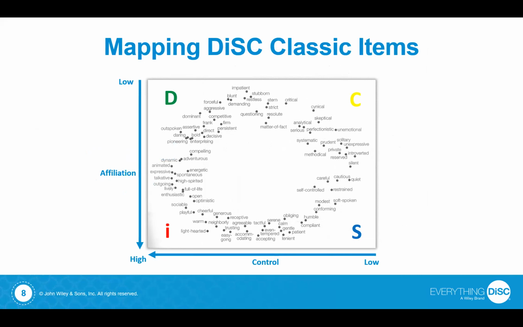So you can see there's actually words that measure almost every degree in the 360 degrees of the DiSC map.